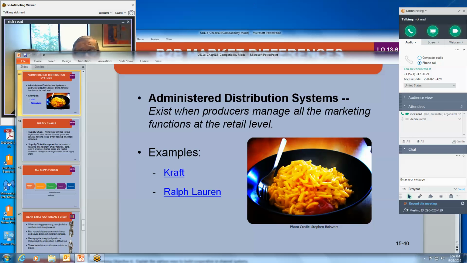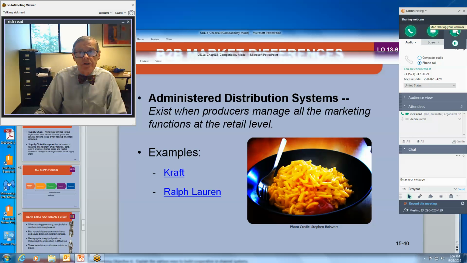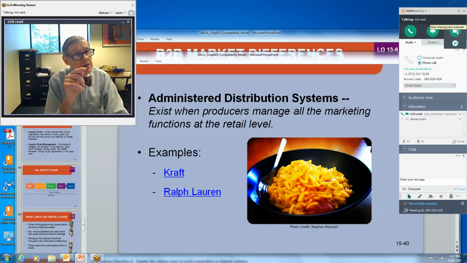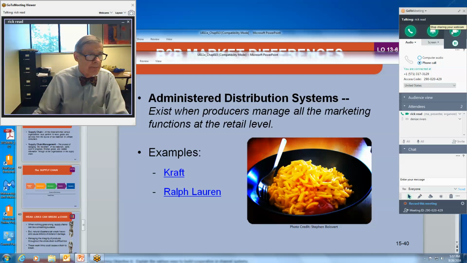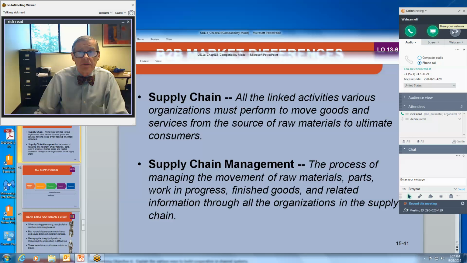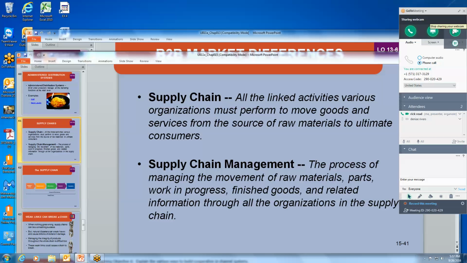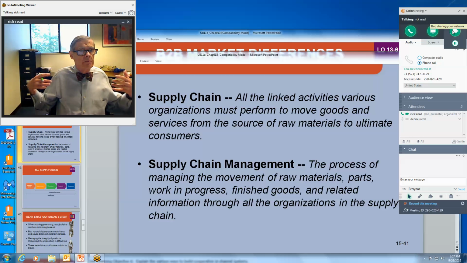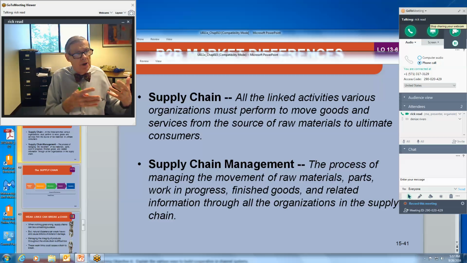An administered distribution system, where here the producer takes care of all the marketing functions at the retail level. And the 2 examples given here are Ralph Lauren and Kraft Foods. Supply chain, on the other hand, various organizations come together to cooperate in the movement of goods and services from the source, notice what it says here, raw material, to the ultimate consumer.